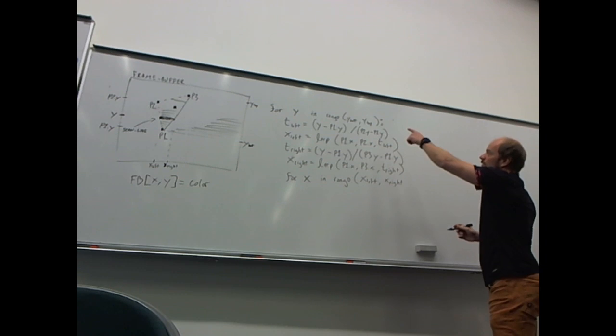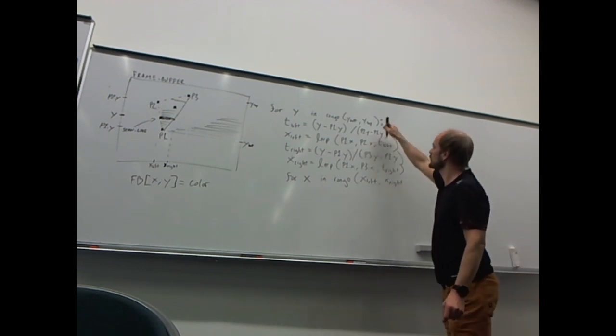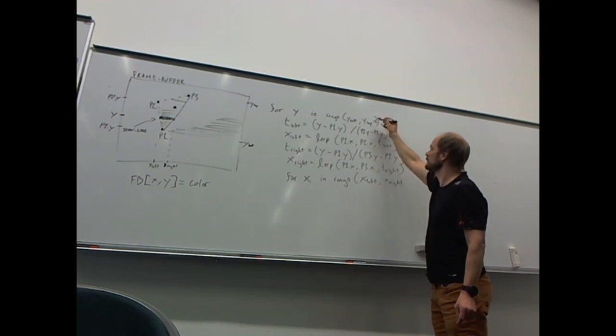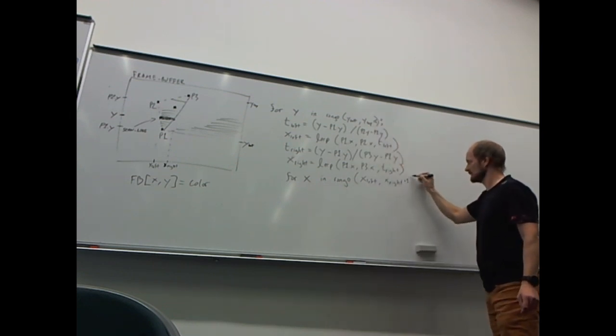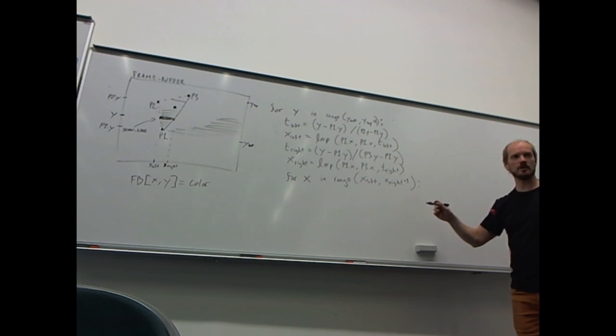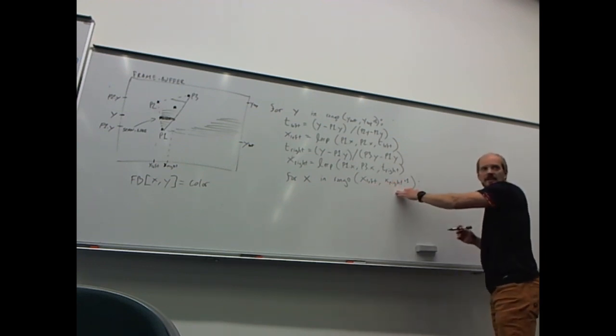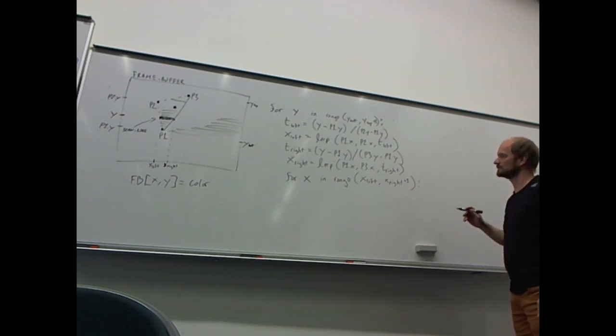Actually, this is not correct Python code for this because we have to make sure we're actually going to y top. So maybe y top plus 1. So we actually have to include y top in this, and we have to include x right in this. We have to go all the way to x right.